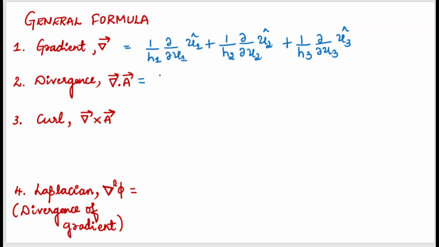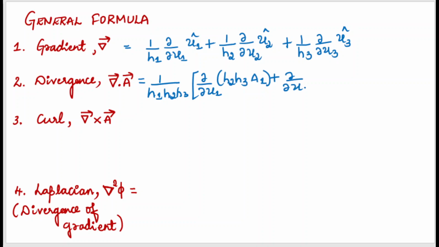The general formula for the divergence is 1 divided by h1 h2 h3 into dou divided by dou u1 of h2 h3 a1, plus dou divided by dou u2 of h3 h1 a2, plus dou divided by dou u3 of h1 h2 a3.